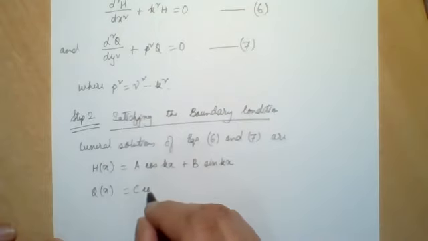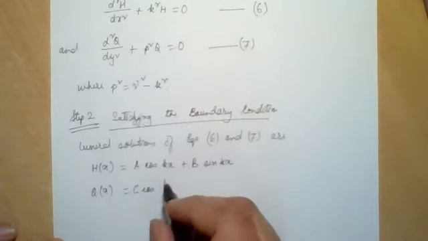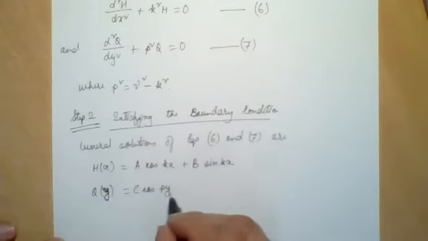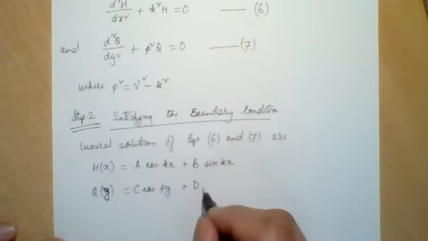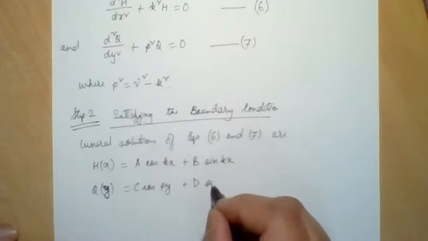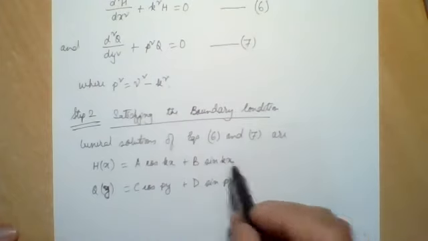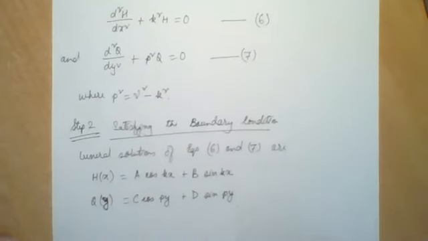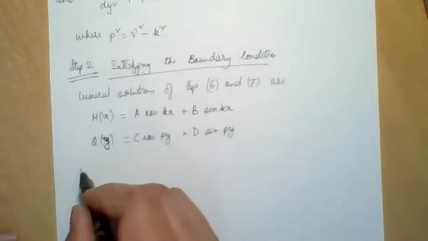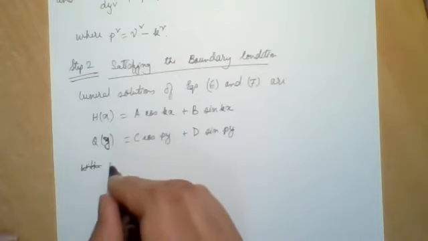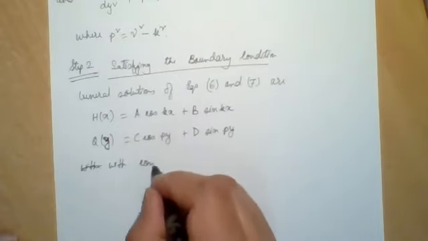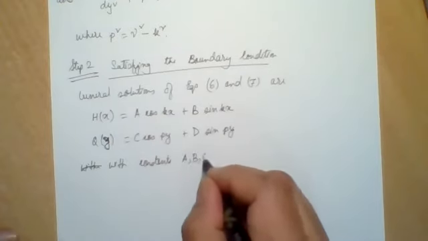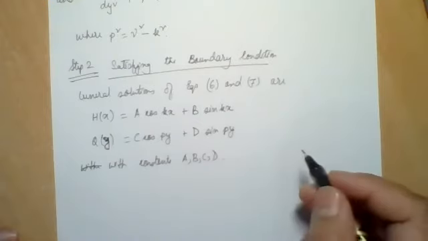So q of y is c cos py plus, let us call the fourth arbitrary constant d, sine py. So this is the solution of equation number 6, and this is the solution of equation number 7, with constants a, b, c, d.